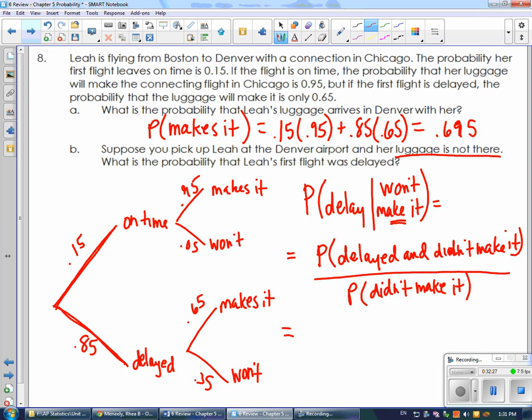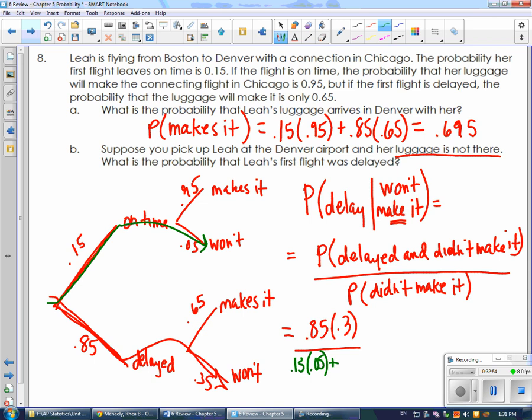Okay, and so the probability of both delayed and not making it is going to be the 0.85 times 0.35. And then the probability that it doesn't make it, there's two paths that it could take. Her flight could have been on time and it didn't make it, so that would be 0.15 times 0.05.